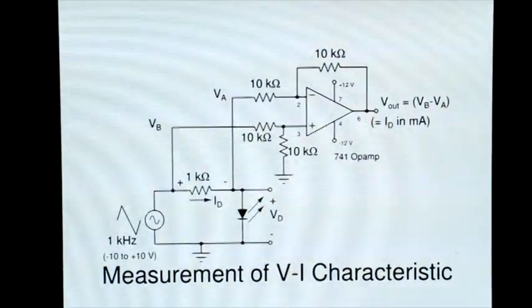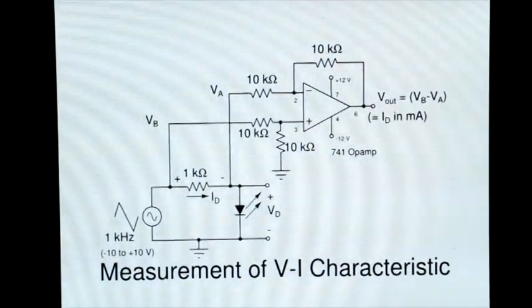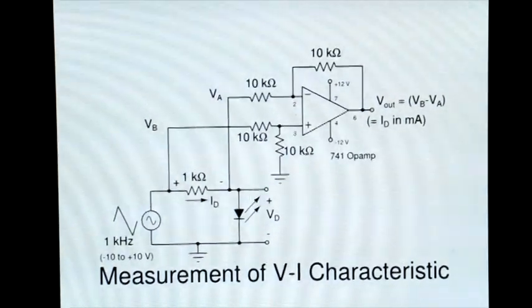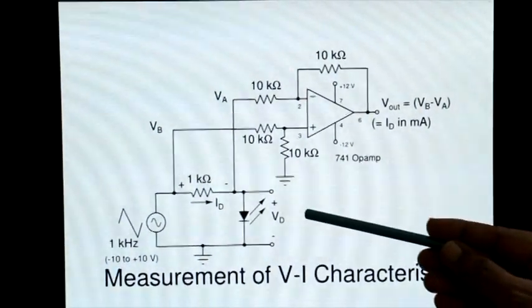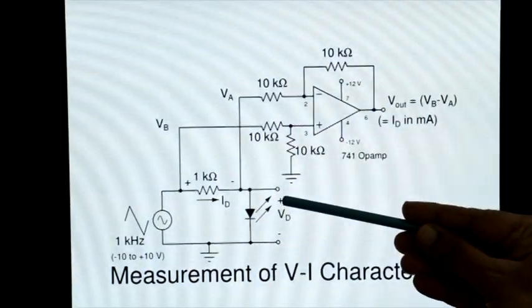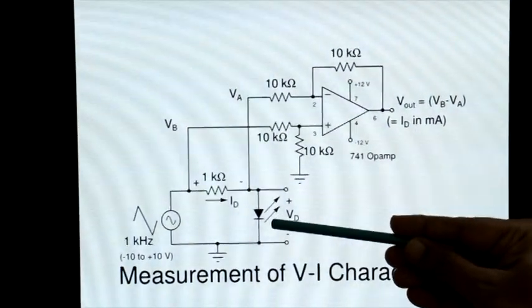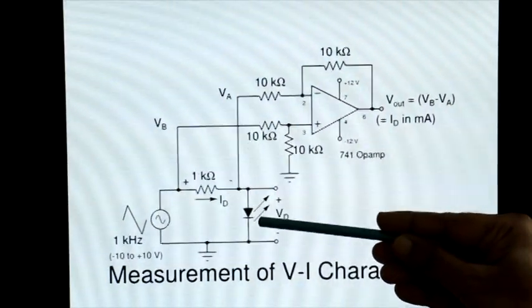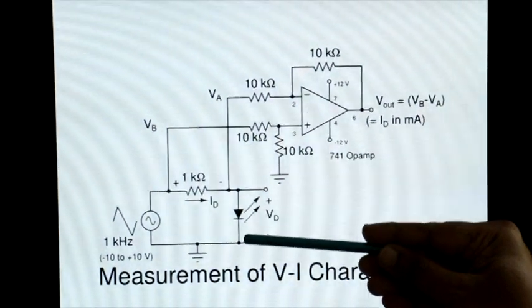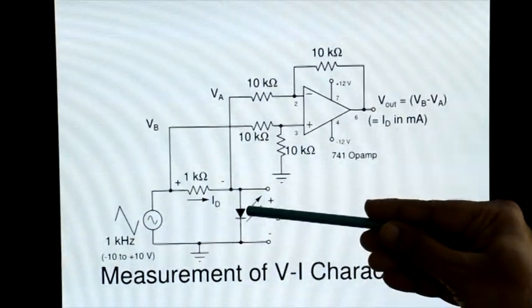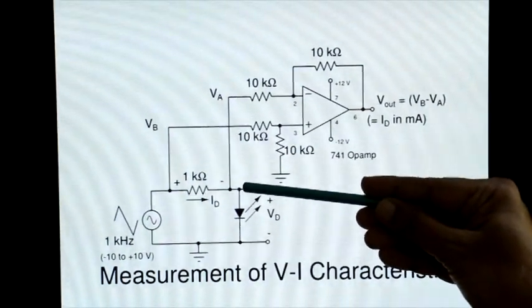So we will see now how to measure the VI characteristics of a Zener diode. We have replaced the earlier LED with a Zener diode, but the polarity will be the same. The cathode of the Zener diode will be at ground, and the anode will be at the top.